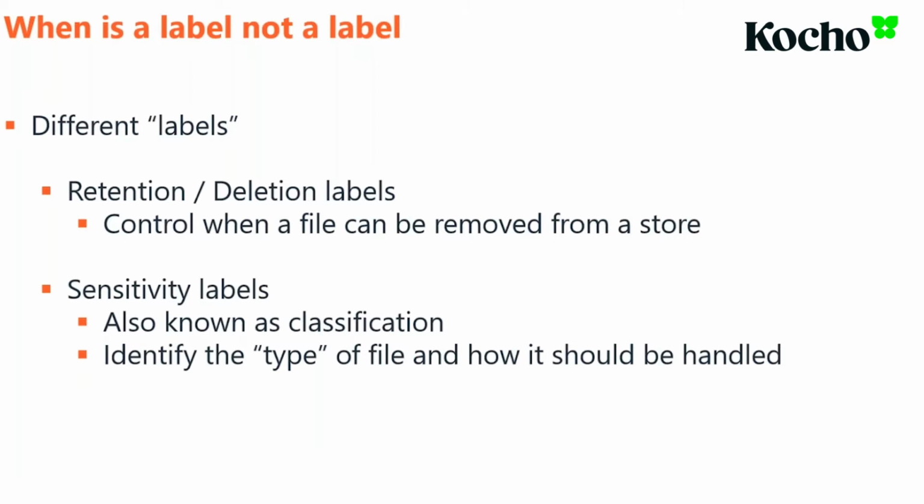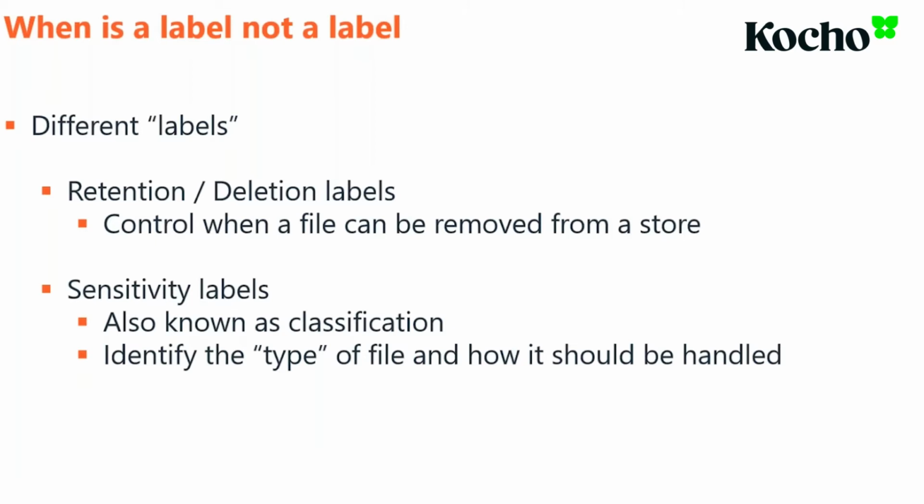The sensitivity labels, which we set when we create the document, tell us what we should be doing with that document and the type of file it is, whether it's confidential, classified, or PII. The two do not work together. So setting something as a classification at one level does not force a retention label at the same level.